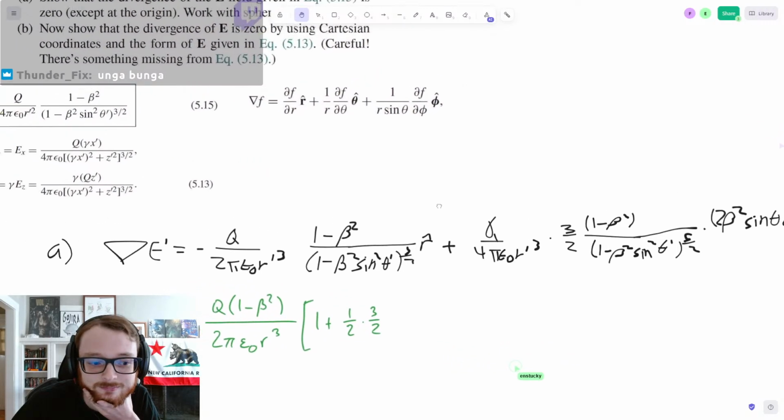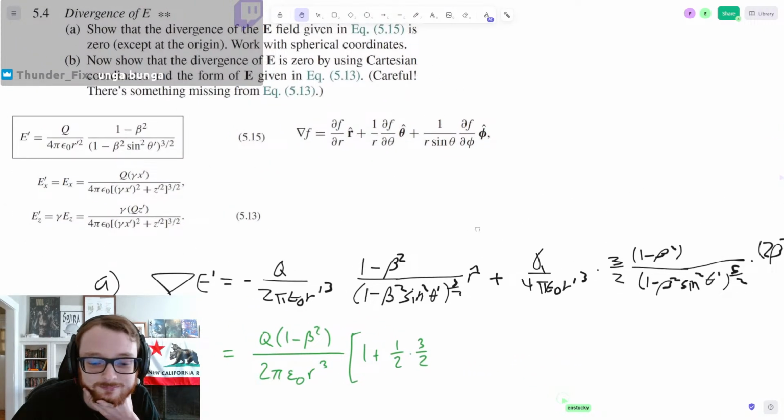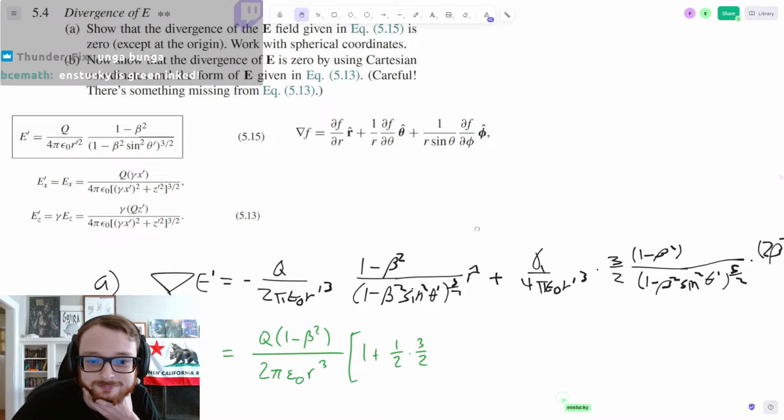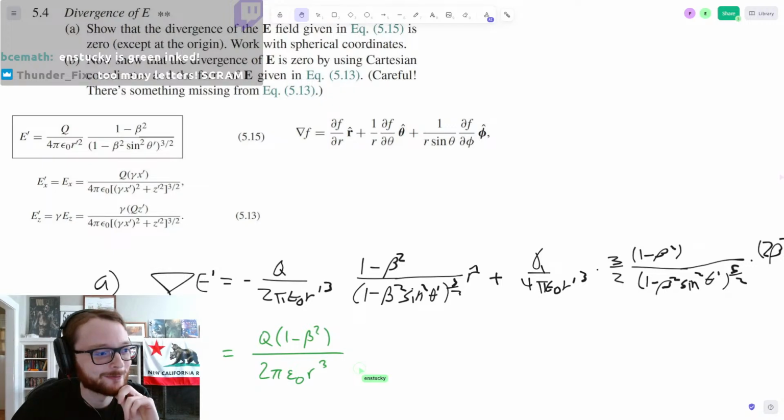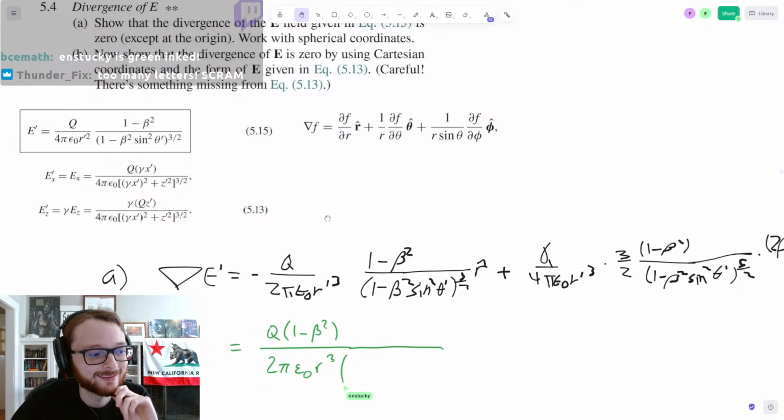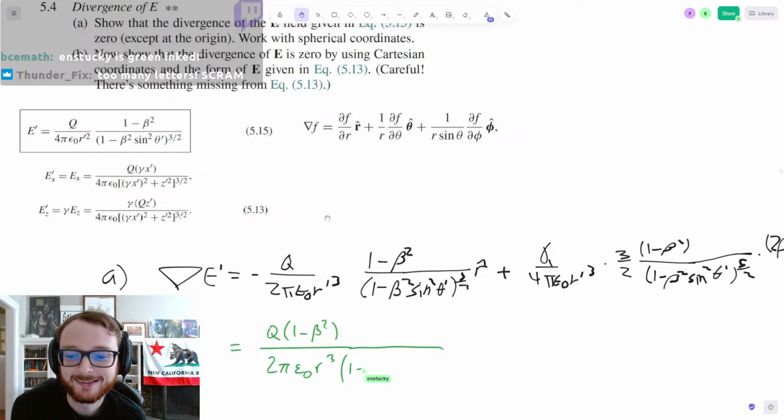Oh wait, am I getting this wrong? This should be r. Too many letters? Wait a second. Okay, a little bit of happy news here. Oh, okay. We've got the wrong formula. We're doing gradient instead of divergence.